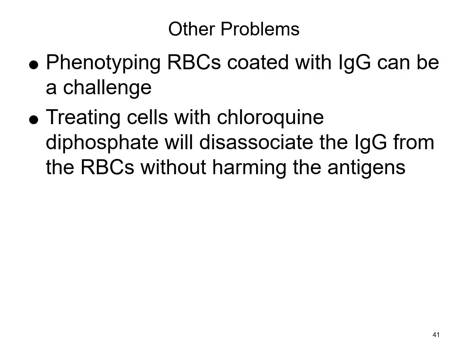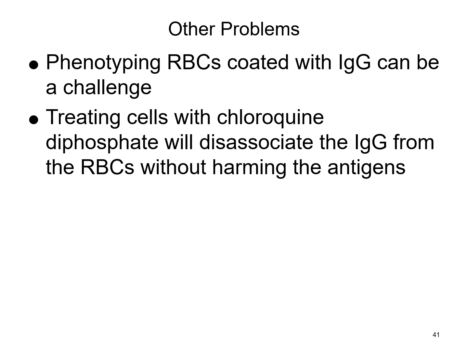Some of the other problems that we see in blood bank: phenotyping the red blood cells that are coated with IgG can be a challenge. If you've got a DAT positive red blood cell, let's just say you're testing a patient, their DAT is positive, and you're trying to phenotype them.